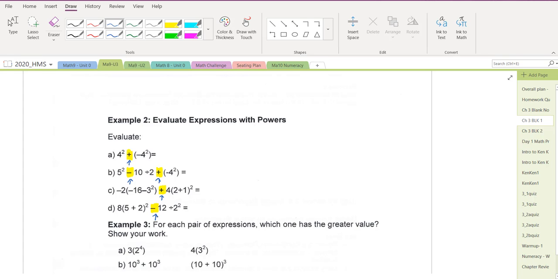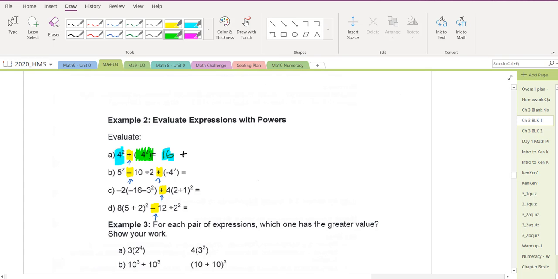All right? So we look at the left side, looking at A. How can we simplify that? What is 4 squared? Use your calculator if you can't do that in your head. 4 times 4, 16. Okay? And we write down our plus sign. Then let's clean up the next one. This one's a little bit harder.